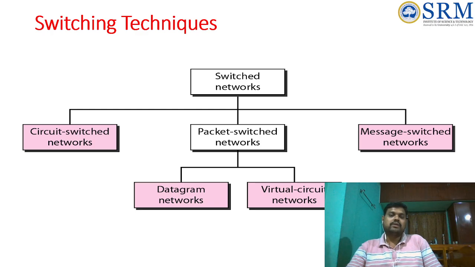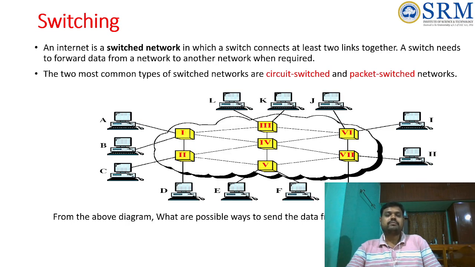So the next one is switching techniques. Switching means passing data from one end to another end. We have basically three types of switching: circuit switch networks, packet switch networks, and message switch networks. Switching establishes a connection between two devices.